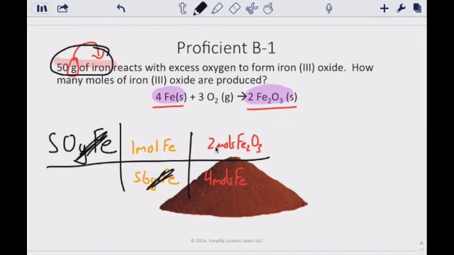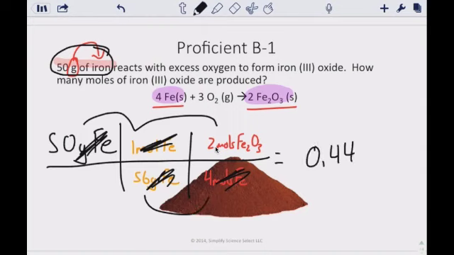Grams of iron cancels with grams of iron, moles of iron cancels with moles of iron. We're left with moles of iron 3 oxide, and that's what we want. So we multiply the top, 50 times 1 times 2, all divided by 56 times 4, and that will give us an answer of 0.446, and that would be moles of Fe2O3.